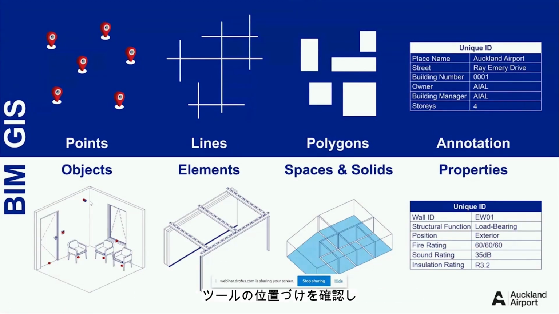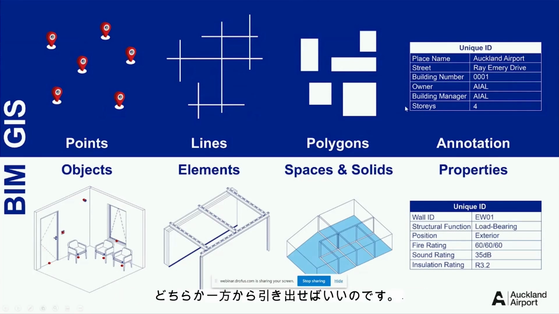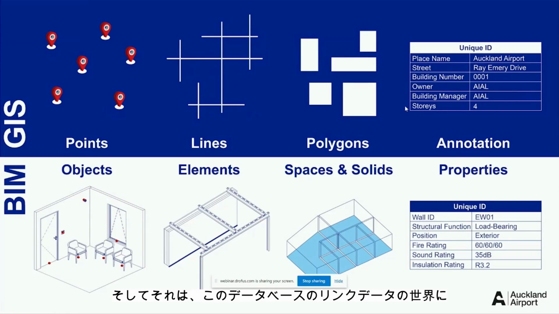But a tool like dRofus, being able to put that data into a database, then enables us, and we haven't done it yet, but essentially we could link a point to a record in dRofus by a common ID, or a line or a polygon, but at the same time have a similar representation of the same thing in the BIM world, linking to the same dRofus records. We don't have to duplicate the data between the two systems, so we can just pull from one, and that's the thinking of moving to this data-based and linked data world.